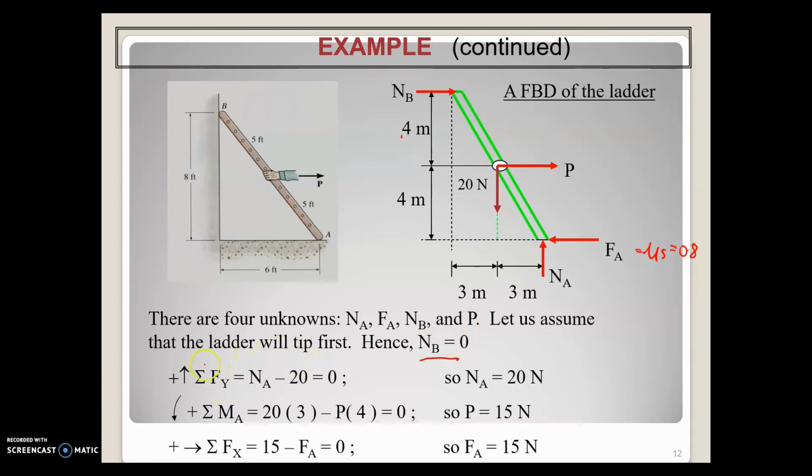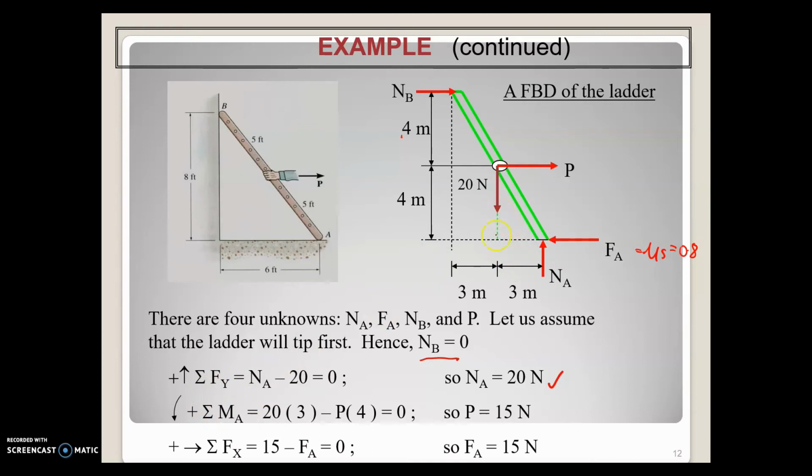Okay, so apa kita kena buat? Biasalah, kita buat equation of equilibrium kita, summation of Fy equal to 0, di mana annotation ke atas positif. Alright, so kalau ke atas positif kita ada NA, right, minus dengan 20. Kita dapat equal to 0, so kita dapat NA equal to 20. Alright, and then sekarang nak cari nilai P. Kita apply moment dekat A. Bila apply moment dekat A, you ada 20, kita buat assumption clockwise positif.